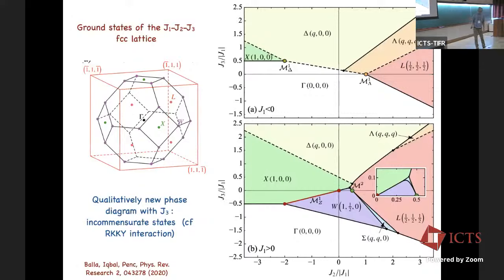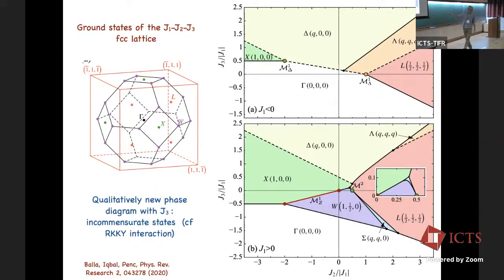We used the Luttinger-Tisza method, and this is our phase diagram. Now, the known phases were at J3 equals 0. Here J1 is either ferromagnetic or antiferromagnetic, and the J3 equals 0 line is this line. And that line was where earlier studies were done.